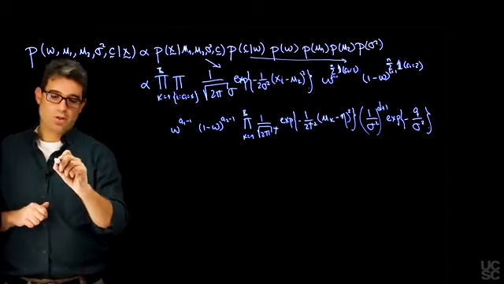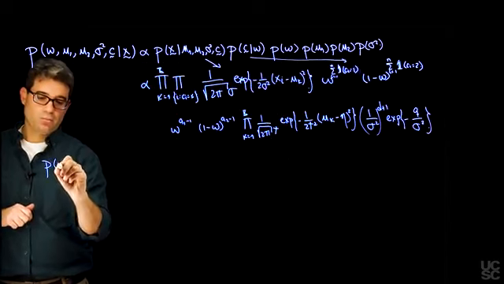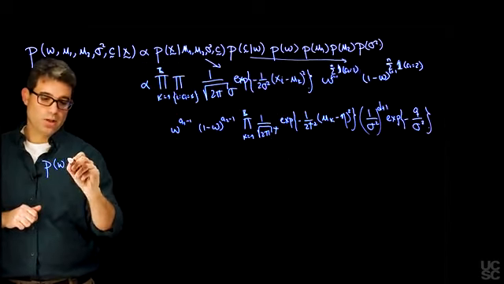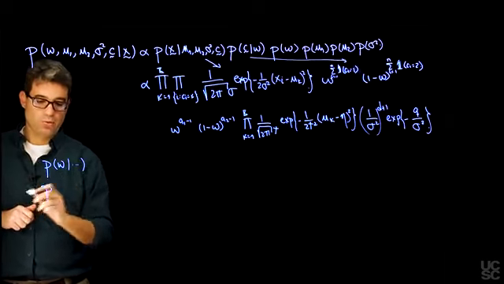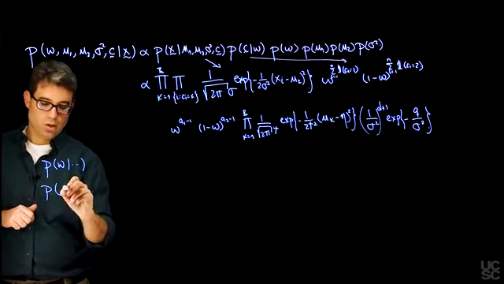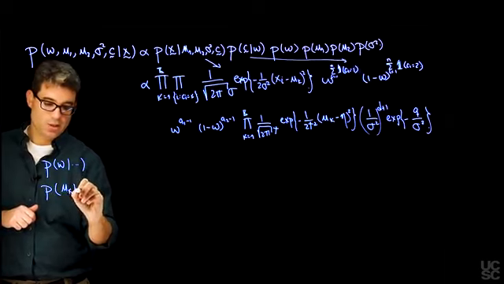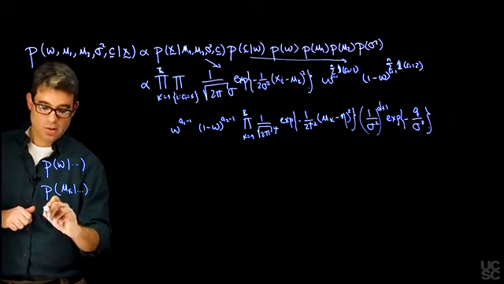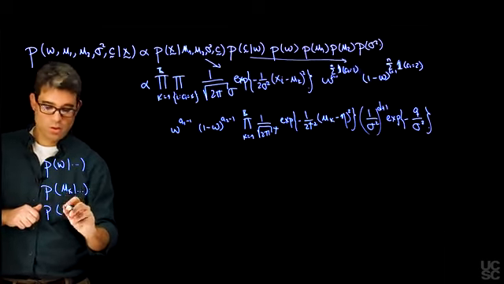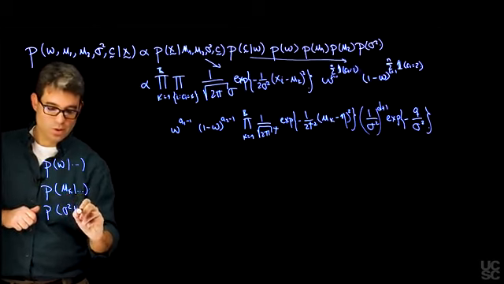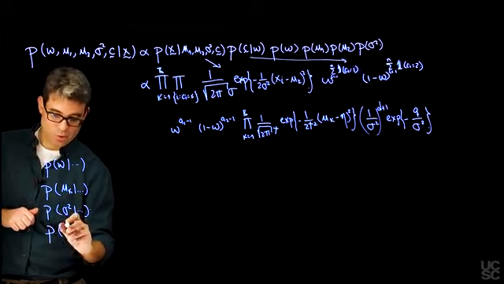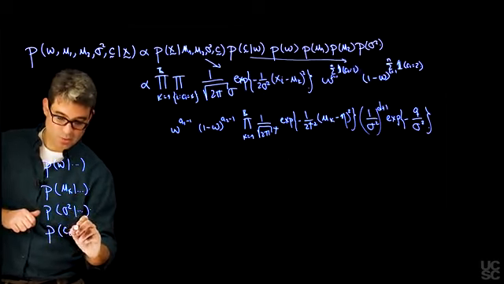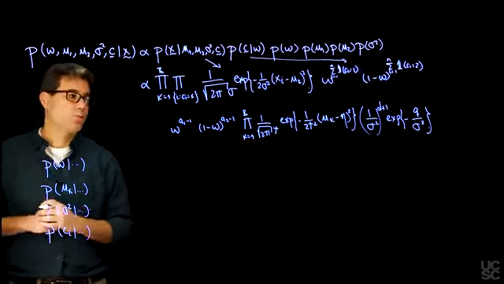And from this, I'm going to want to obtain a full conditional posterior for omega, given the rest of the parameters. I'm going to want to get a full posterior for mu sub k, given all the parameters, a full posterior for sigma squared, given all the parameters, and finally a full posterior distribution for each one of the c sub i's, given the rest of the parameters.